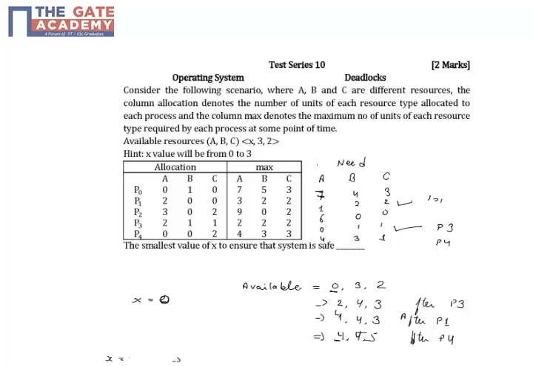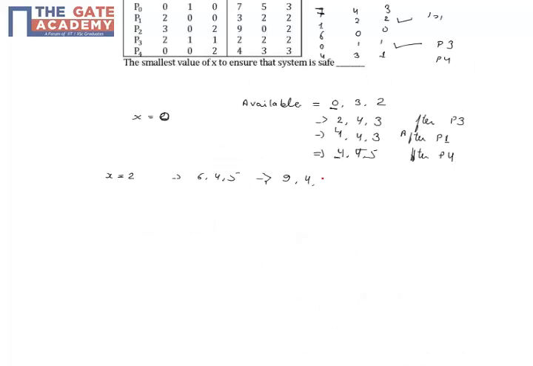If we assume x is equal to 2, then the available after P3, P1 and P4 will be 6, 4 and 5. With the help of 6, 4, 5 I can execute P2, and its allocation, 3, 0, 2, will be added, so my new available will be 9, 4 and 7.